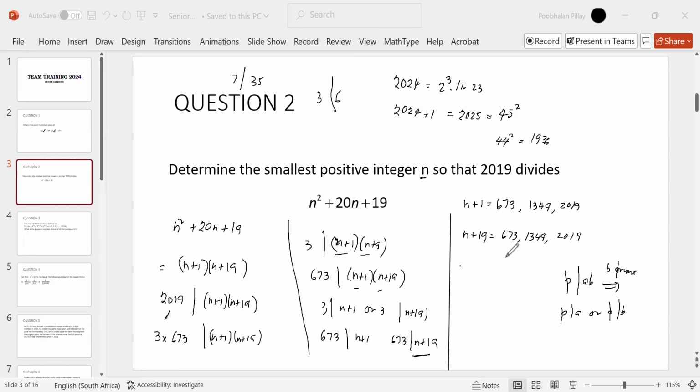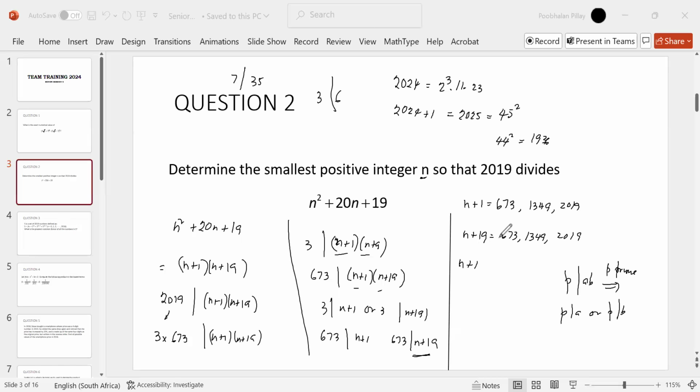Right. Now you also want n plus 19 times n plus 1 must be a multiple of 3. Right? Because we saw that this thing here is a multiple of 3. Now at the moment, if you take n plus 19 is that, so let's just see.